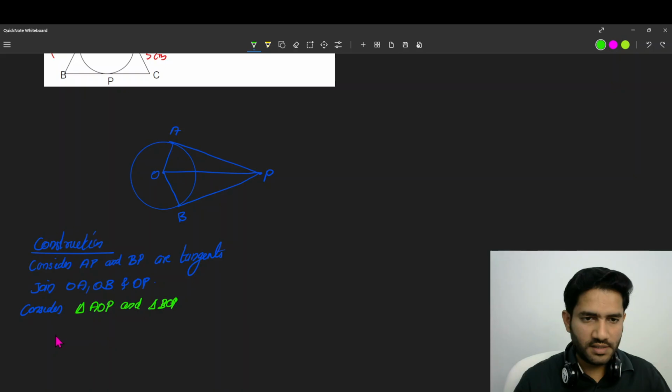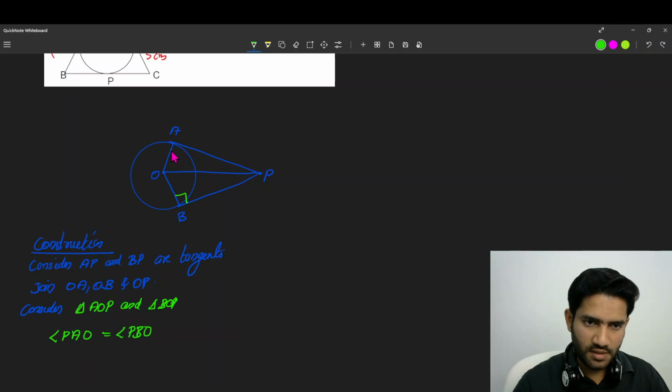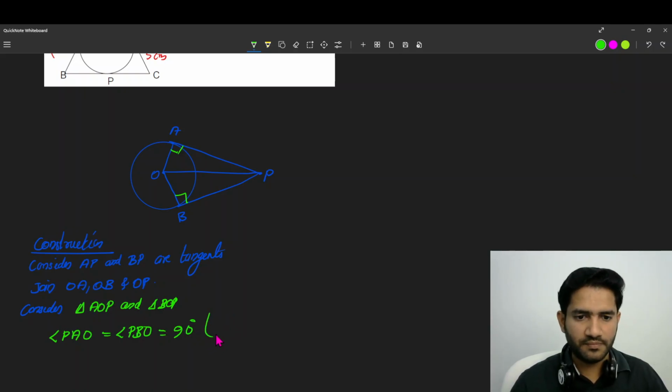In these two triangles, first of all, angle PAO equals angle PBO. These two angles are equal and each equal to 90 degrees. You want to write the reason here.